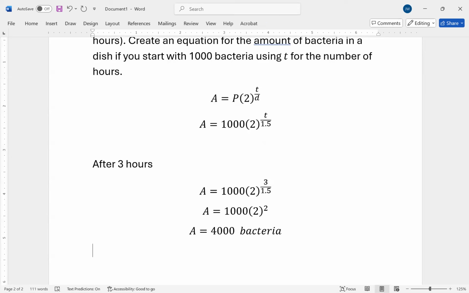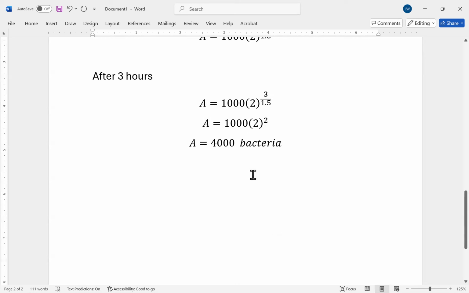Now, it's not as clean after 5 hours. If we're talking about after 5 hours, I do the exact same thing, but 5 does not divide by 1.5 really easily. Not as a whole number anyways. So we can still do it. We're just going to get an uglier decimal in this case.